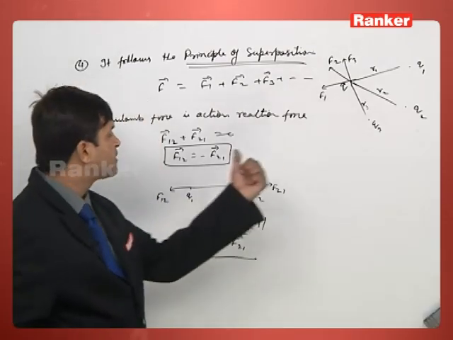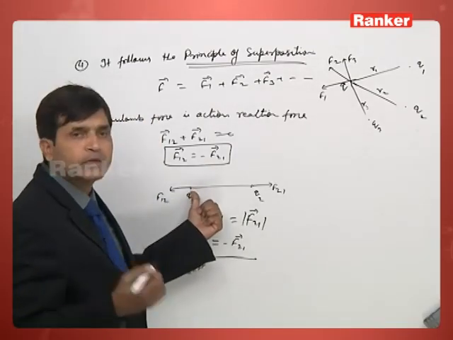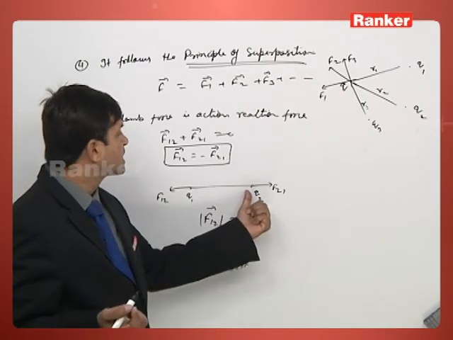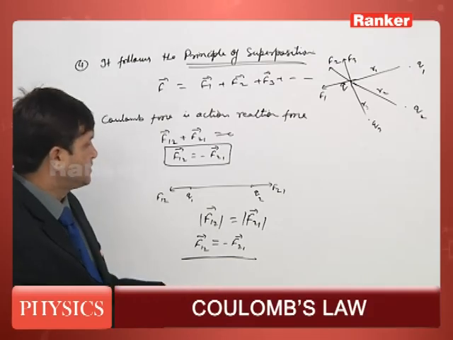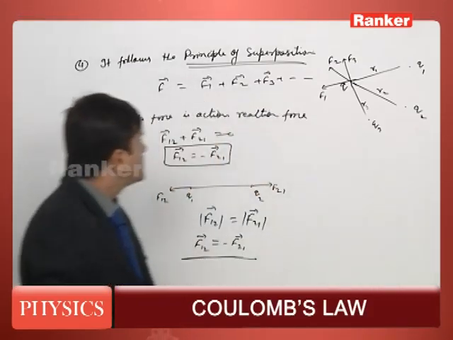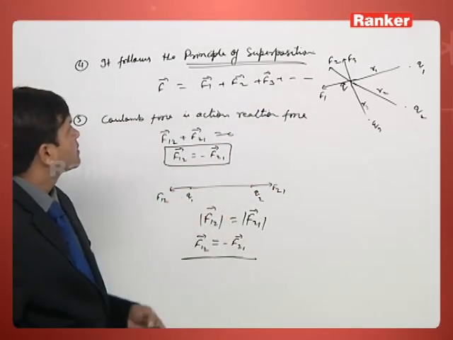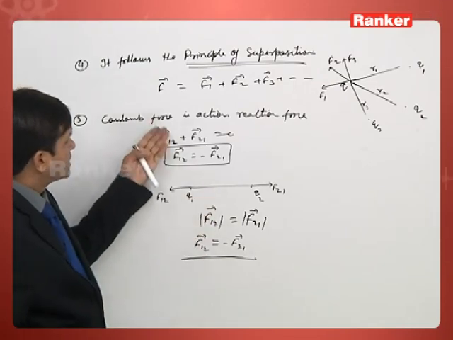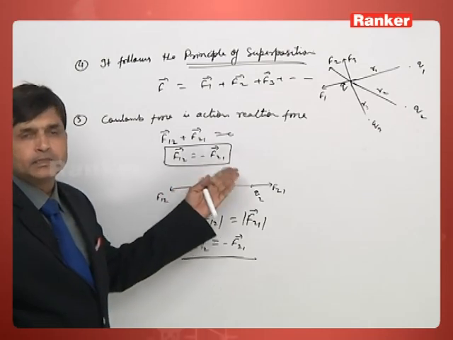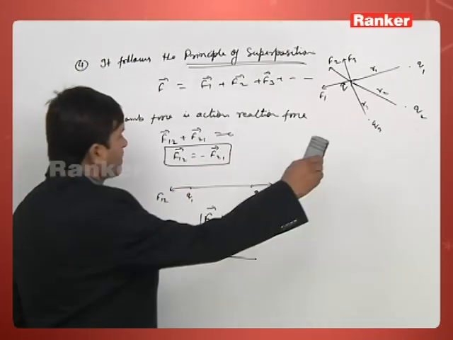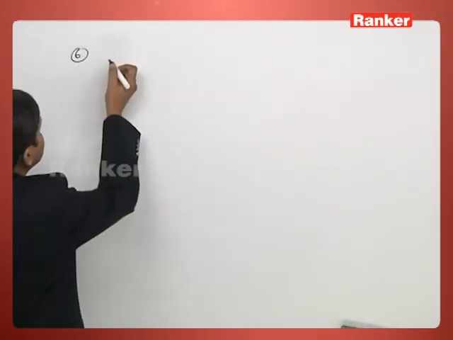It means whatever the force acting on one of the charges, the same amount of force acts on the other charge, but in the opposite direction. So these are the main properties of Coulomb force, and some more points we can discuss which can help us in solving problems.